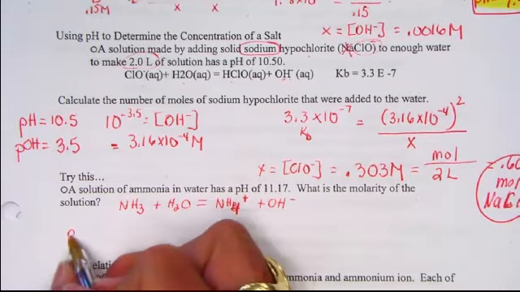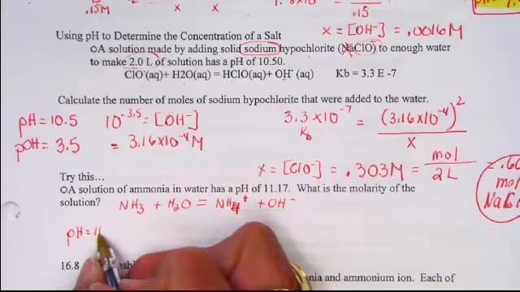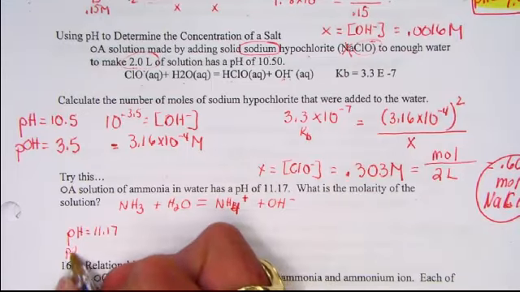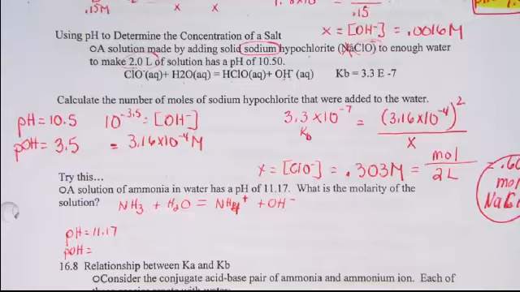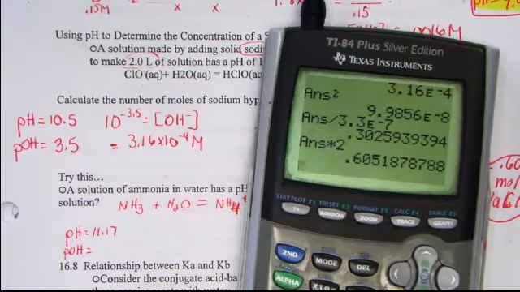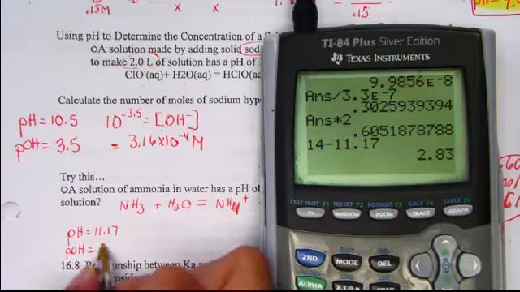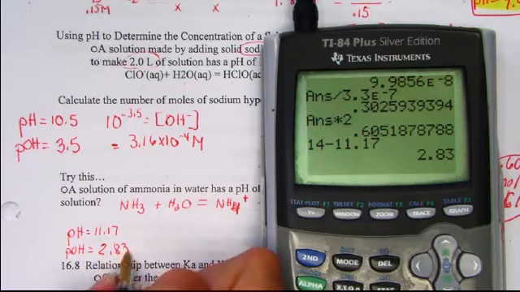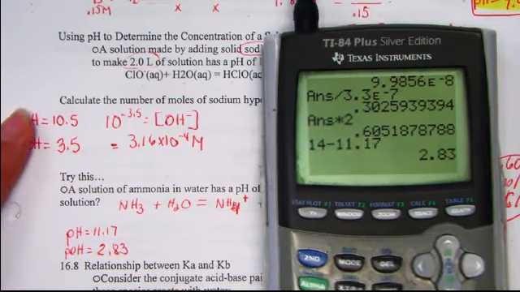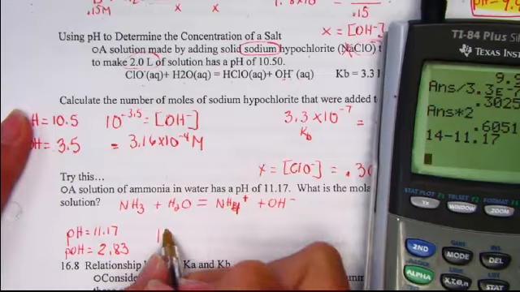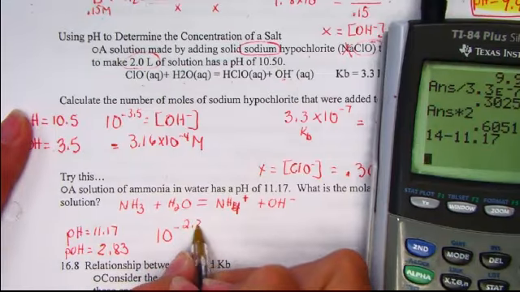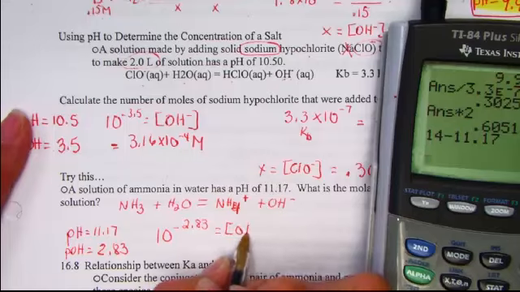But pH would tell us the concentration of hydrogen ions. We want to know pOH to determine hydroxide concentration. 14 minus the pH of 11.17 is 2.83. The pOH of our solution, 2.83 units. 10 raised to the negative 2.83 pulls out hydroxide.